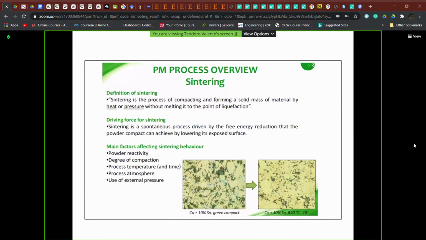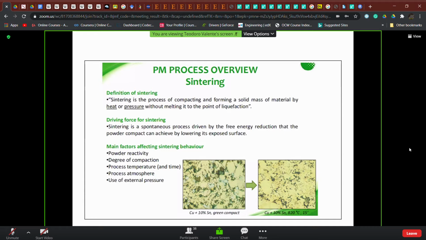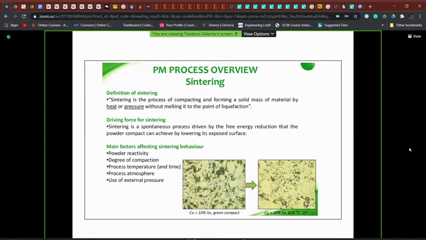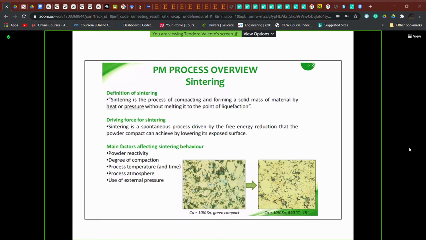And then after this step of preforming, the fabrication of the green compact, and remember, this is the same terminology that we use for ceramic materials, even though we are talking now about metallic alloys, we must let sintering happen.